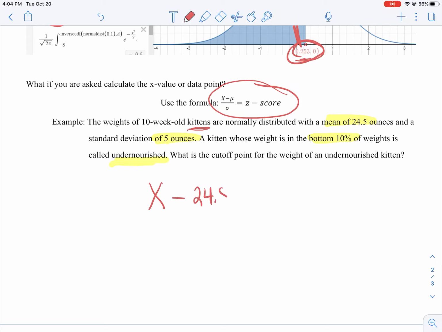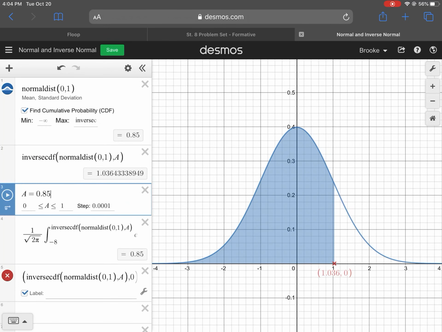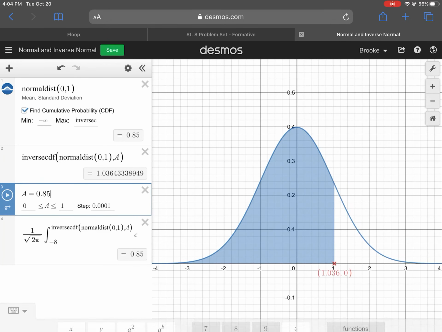And we have the mean, that's 24.5. We have the standard deviation, that's 5, and now we have the z-score. In the previous standards, we would find the z-score. We have it. Technically we have to find it, and it comes from this bottom 10%. So I would plug into Desmos 10% here.